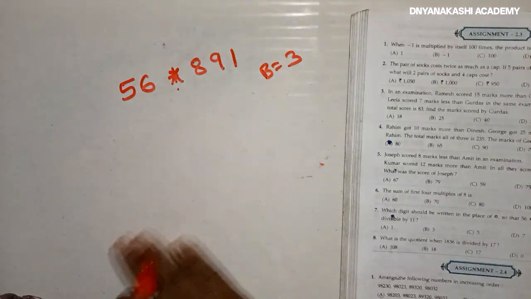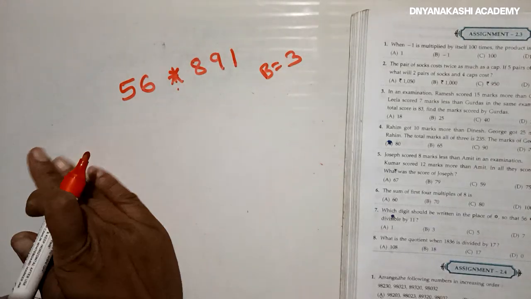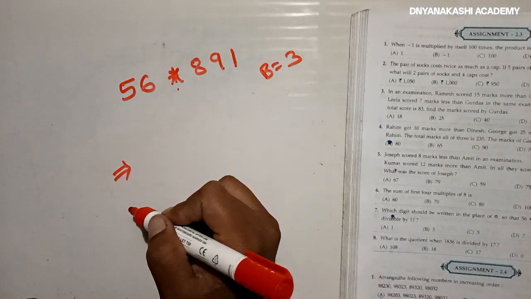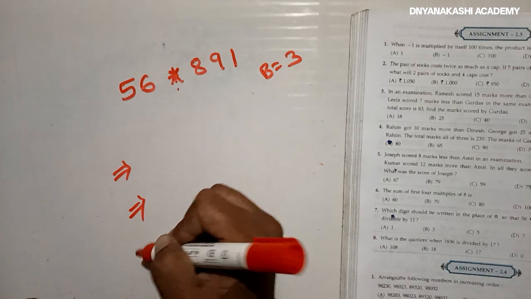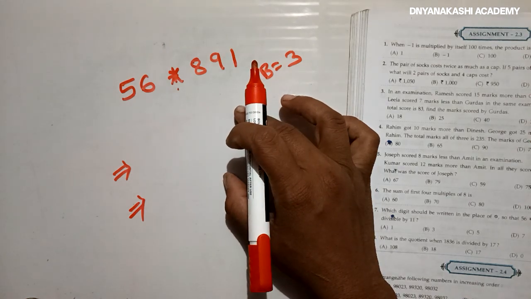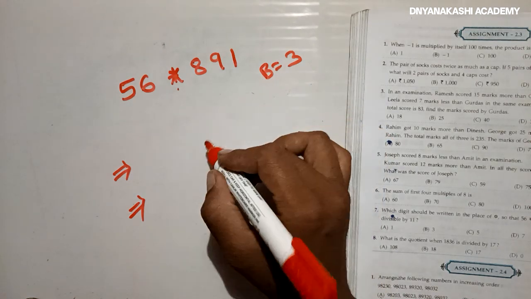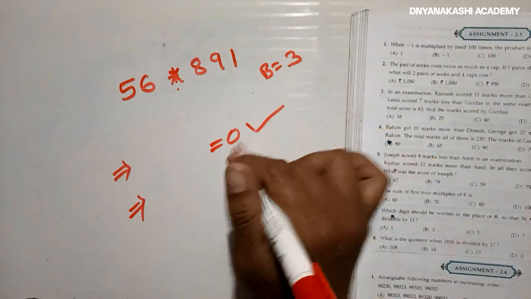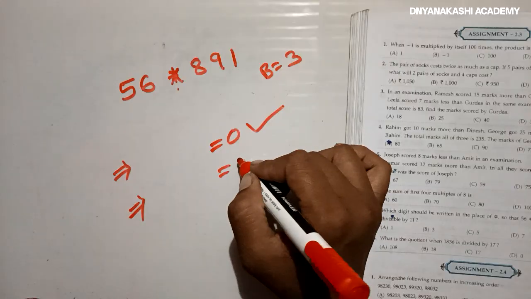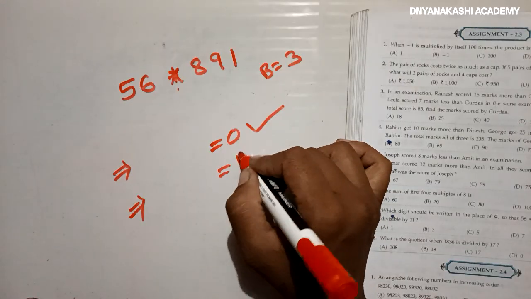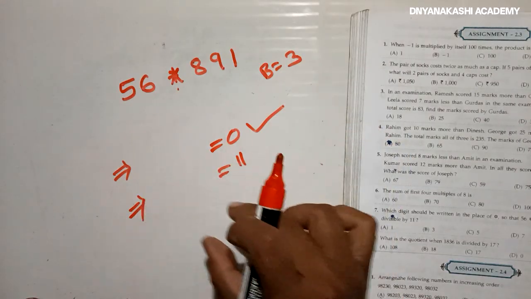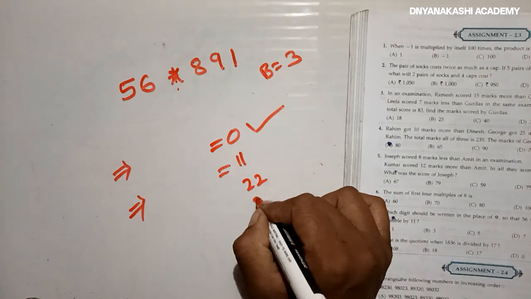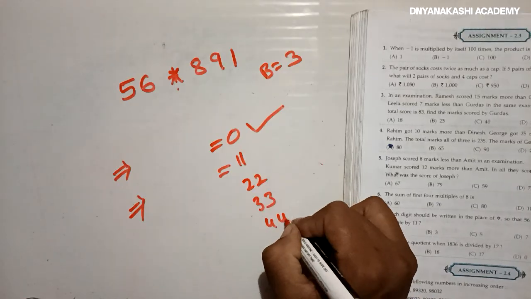And how to make a divisibility test? You already know: add the odd place numbers, and add the even place numbers. For the final answer, we do the subtraction. If the answer is 0, it is divisible by 11. The answer must be a multiple of 11. Suppose subtracting these two numbers we get 11 or 22 or 33 or 44.